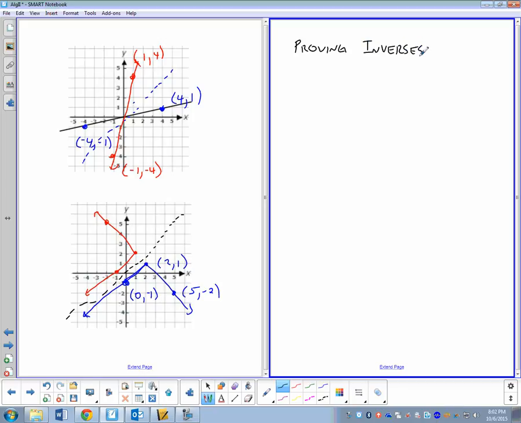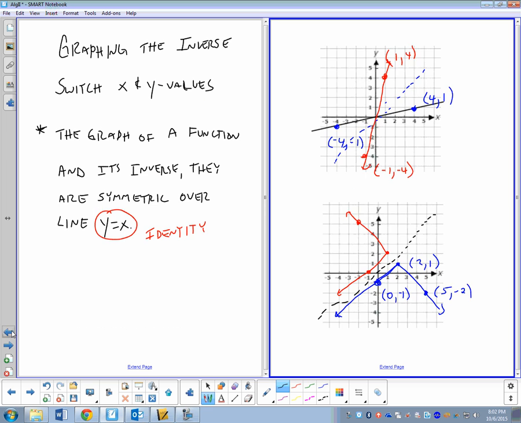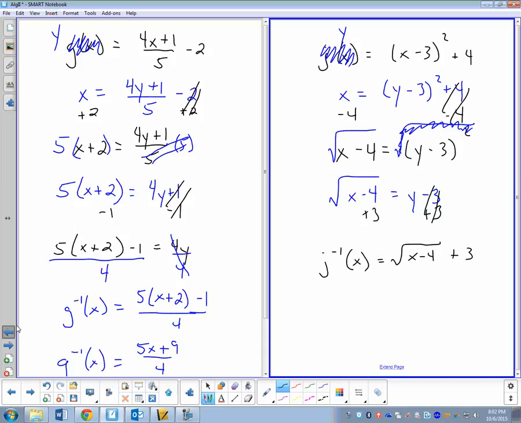So in a problem like this, I'm going to give you the 2 functions, and you're going to have to prove it. Well, we prove it the way I wrote in our notes before. I take my 2 functions, I plug one of them into the other, and they should cancel out and just equal x. Okay? So for these examples, I'm going to come back here real fast to my functions that we found the inverse of.